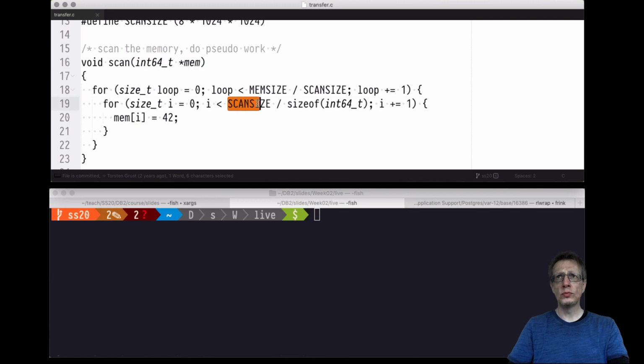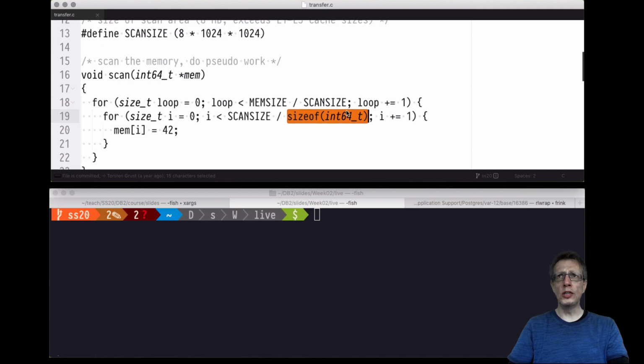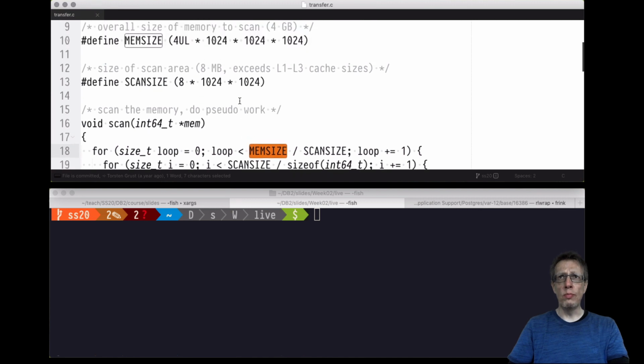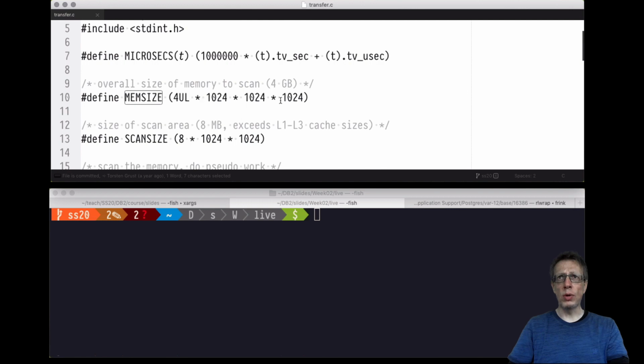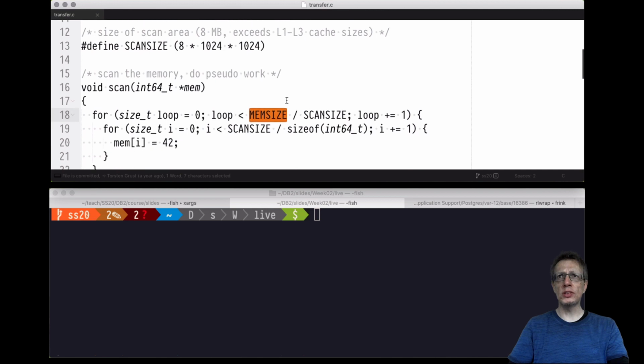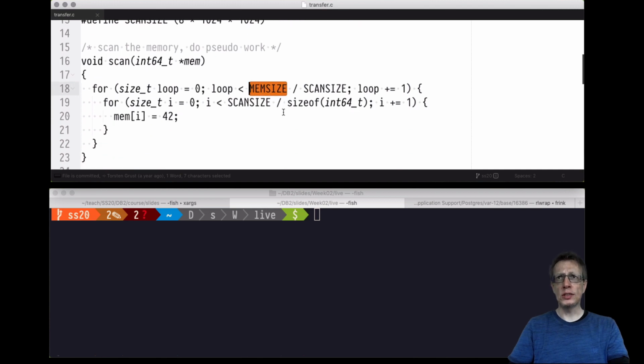So I'm writing into this 8 megabyte area in 64-bit steps. And I do this such that the inner loop is repeated often enough that I actually write bytes worth of mem size, and mem size is 4 gigabytes, as you can see here. I invite you to have a look at this particular C program. It's very simple. Just go through it bit by bit, and you will see that nothing particularly complicated happens here.